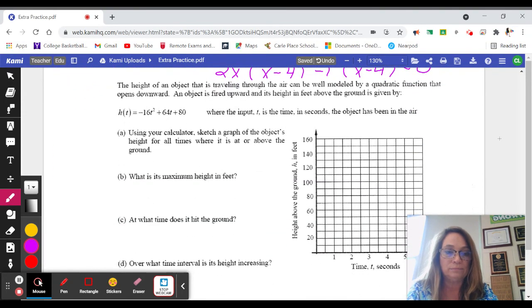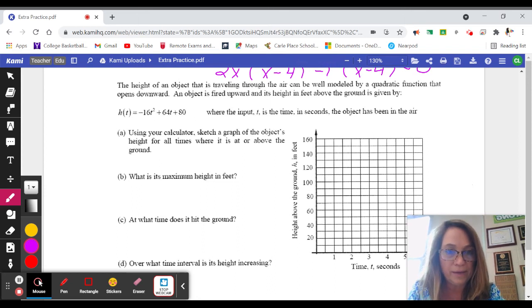All right, number 9. Type that in. So we have -16x squared plus 64x plus 80. Okay, so I have 0, 80.